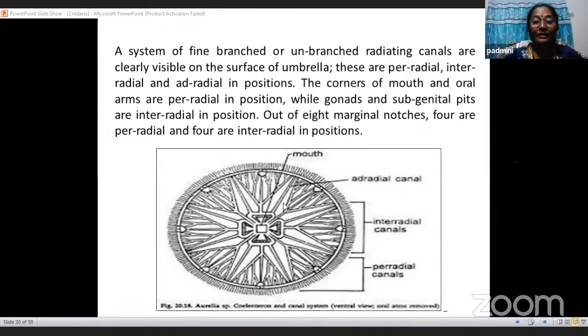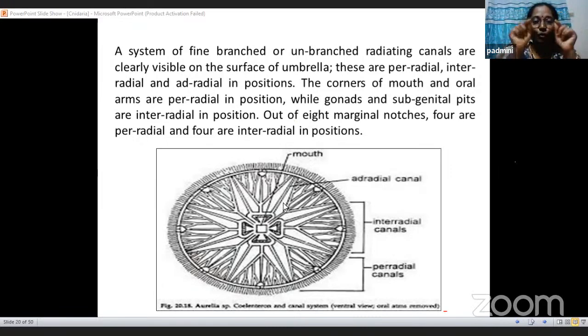So these are the different canals which will help in getting the water inside and allowing the water to surround the whole body. So you have to remember what is an adradial, what is an interradial, and a perradial. Interradial is a complete cross. Perradial is coming as a cross from the corners of the mouth. You have those canals coming out, so they are called radial canals, and a straight-line cross is called interradial.